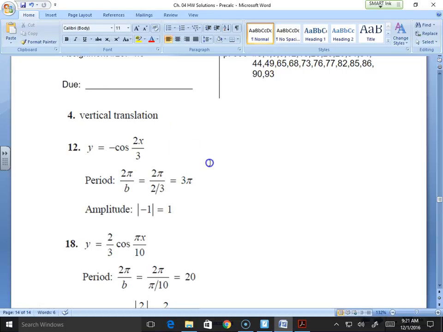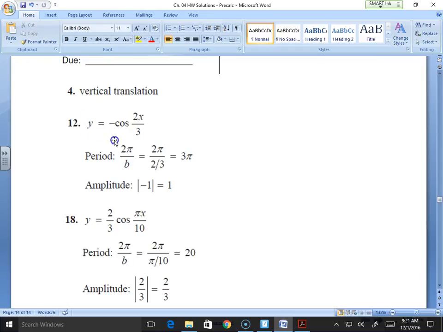Number 12. You took an equation and you were supposed to plug into the formula. Remember, 2 different ways of doing the formula. But 1 over b times 2 pi or 2 pi over b. Question. Their way is gross. Would my way have been easier? What's my way say now? This is sine or cosine. There's a 2 pi.